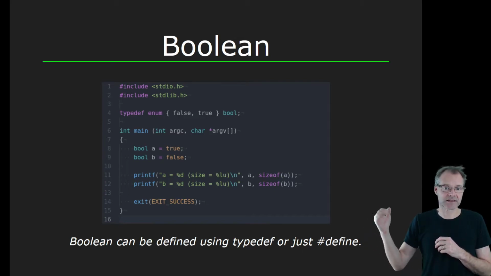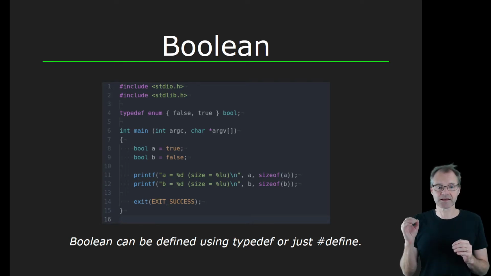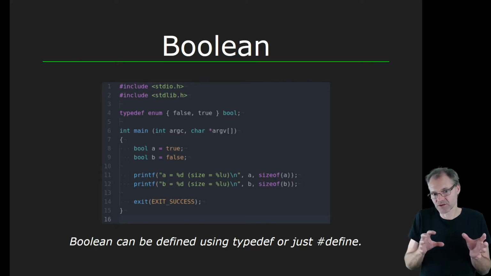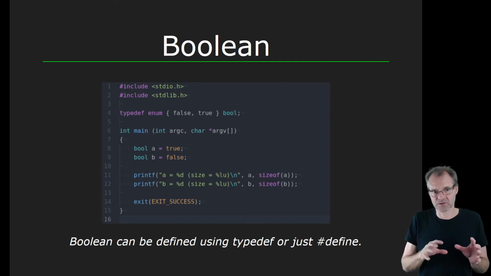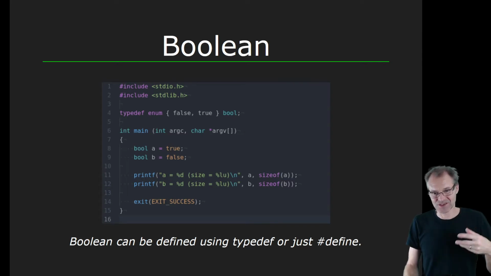So on lines 8 and 9 I'm using the newly defined type and working with its true and false values. This is a good way to also create verbosity in the source code, to show a bit more of what is actually happening.